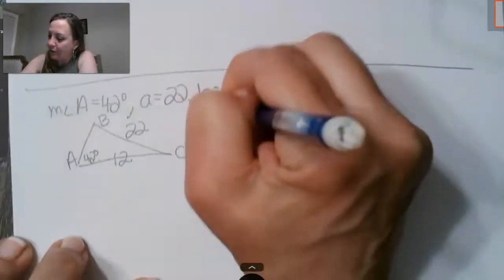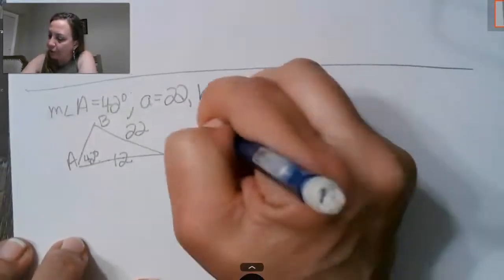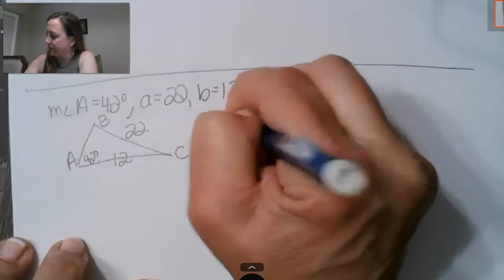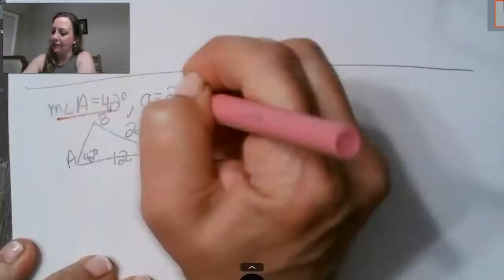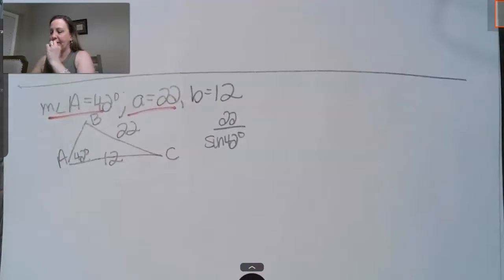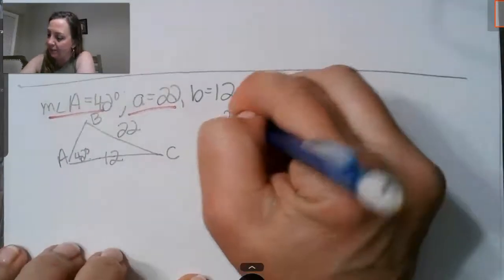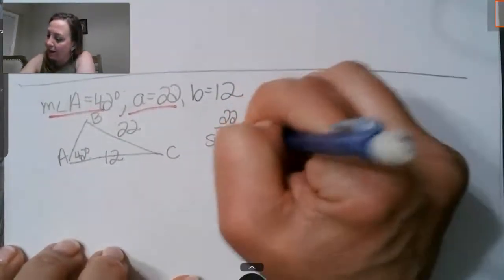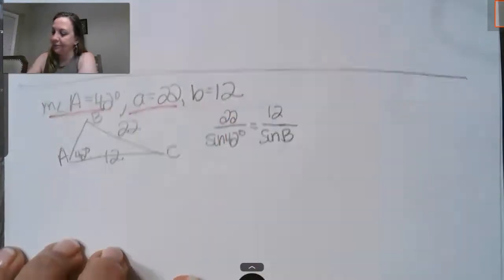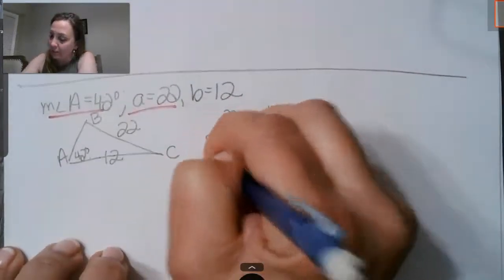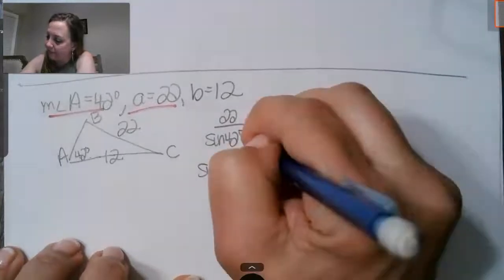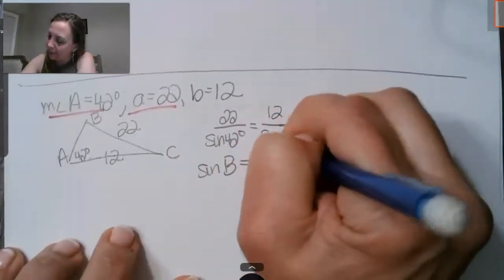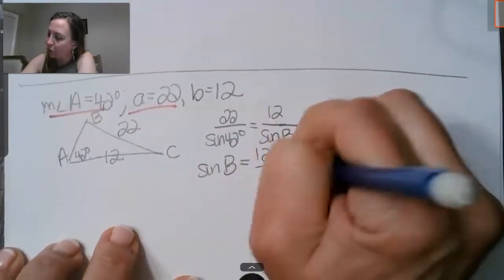So what we would do is we would take 22 over the sine of 42 degrees, because these are the matching angle and side opposite that angle. And then we'd have 12 over the sine of B. Then we could cross multiply and say that the sine of B is 12 times the sine of 42 over 22.